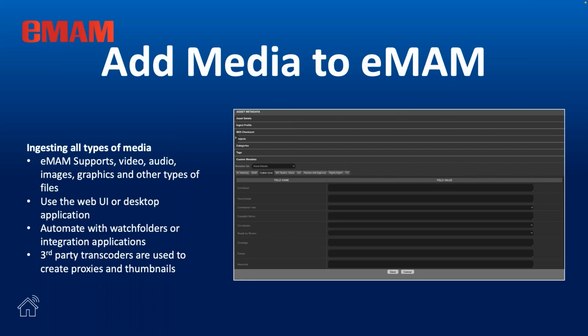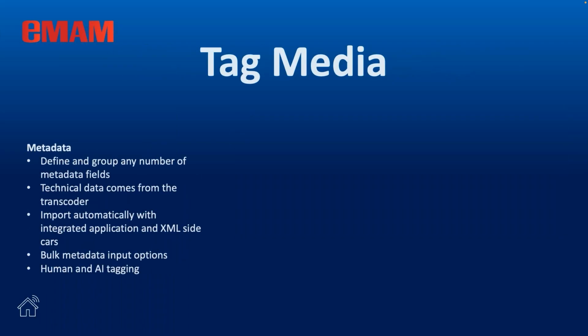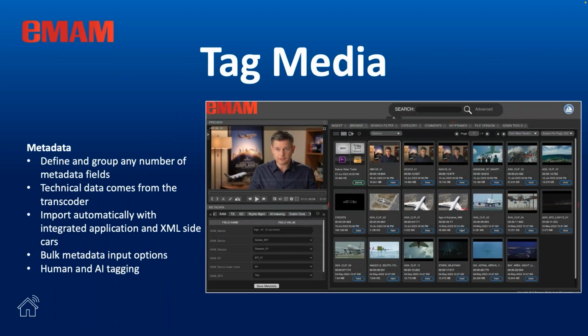We typically, during this process, will use a third-party transcoder to create those proxies or create the mezzanine copy that users then have access to, and then be able to grab that media. So, all right, now tagging the media, this is up to you and what type of metadata you want to tag the media with.